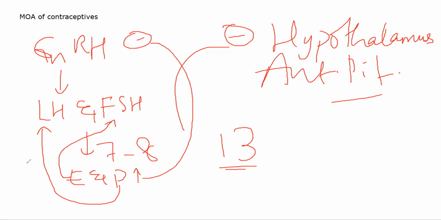Okay, progesterone also does another thing. It will inhibit estrogen induced LH release. So it will affect estrogen in such a way, body estrogen, okay, not the drug estrogen. Let's suppose I'm putting E dash and P dash.